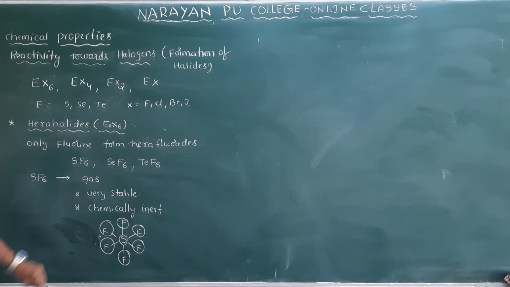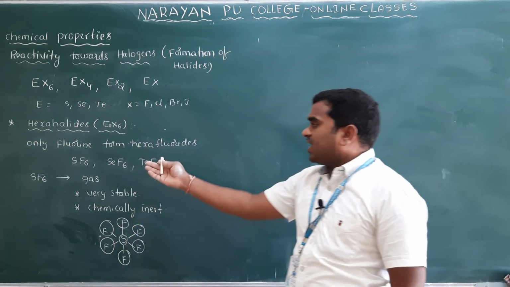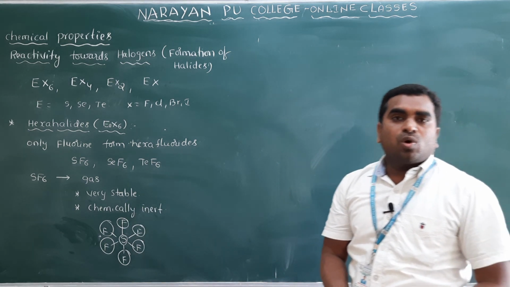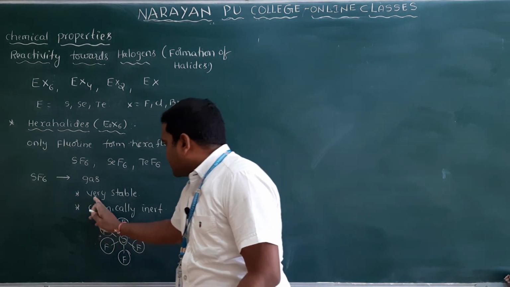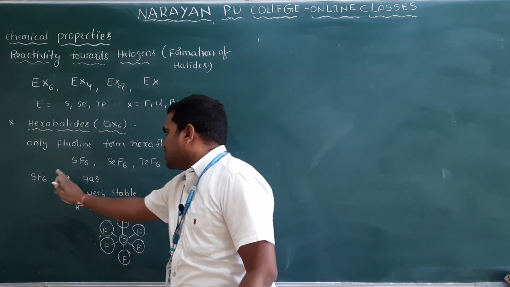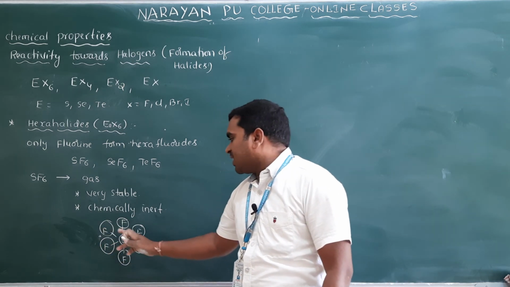Even hydrolysis will not take place, and SF6 cannot undergo even simple hydrolysis. So that's why SF6 is a very stable molecule and chemically inert. What is the reason for chemical inertness here?